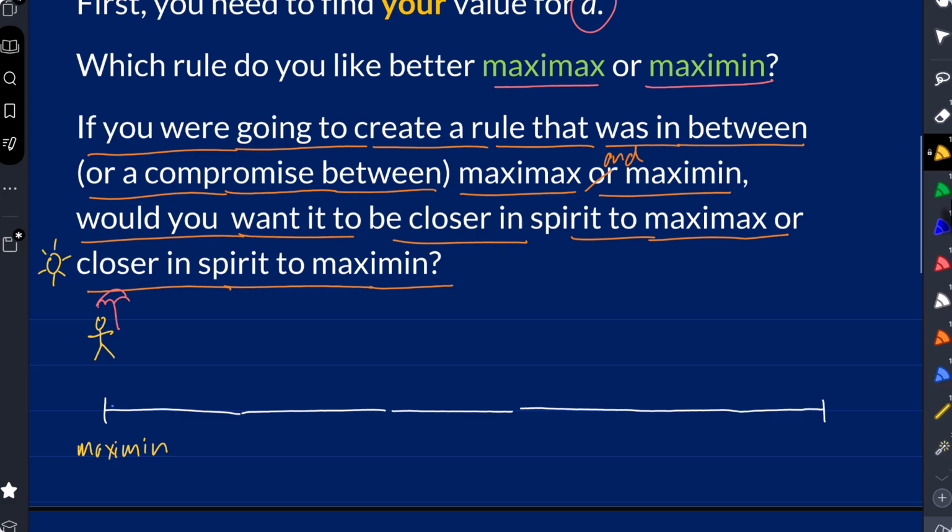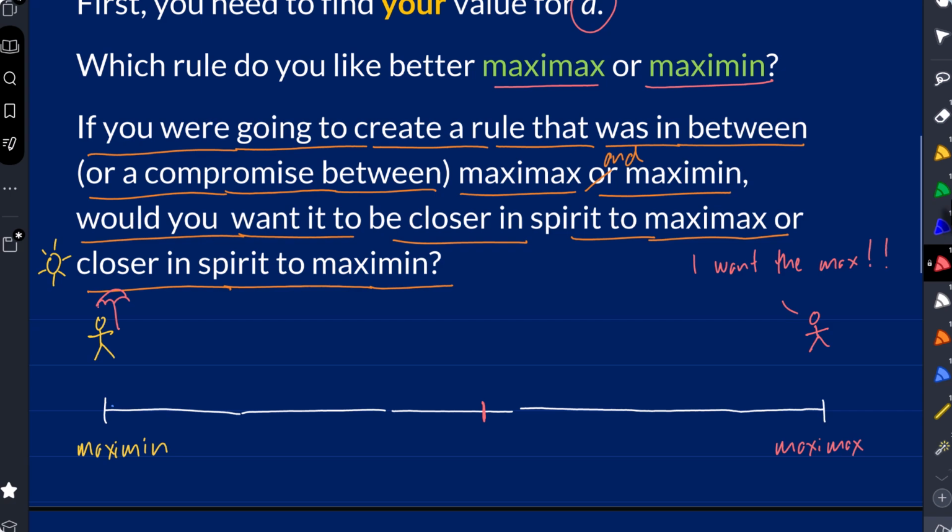You like to play it safe. On the other end of our spectrum, we have 100% maxi-max. Okay, and so there's going to be a midpoint here somewhere.